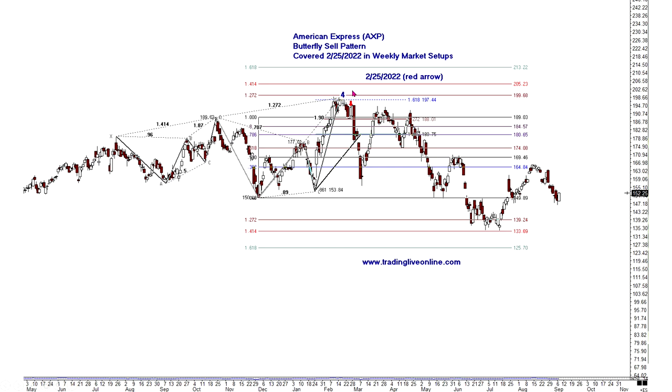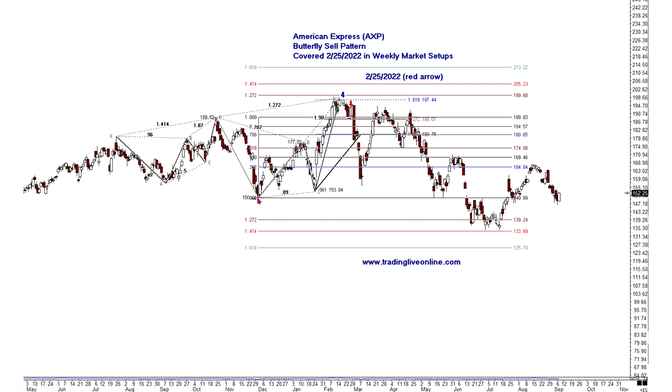So this preceded the bear market in late 2021, 2022, American Express. So a big decline on that first move down. Retracement, it looks like an .886 retracement, last chance fib retracement, XA retrace, another move down, move up, another leg to the downside.